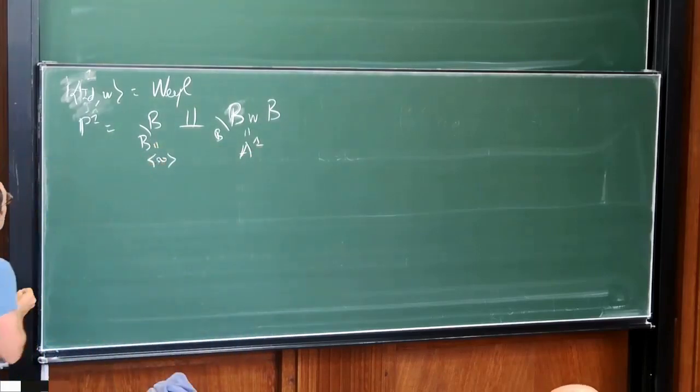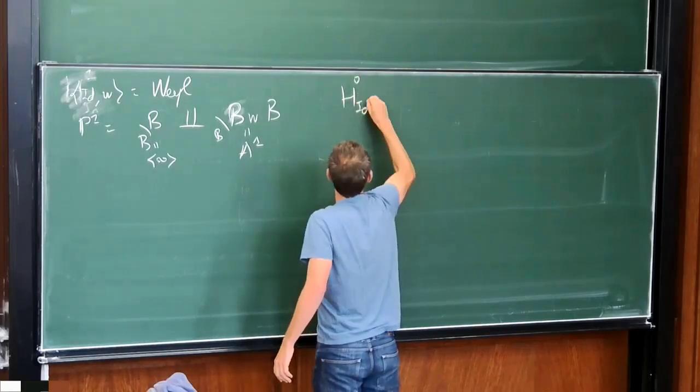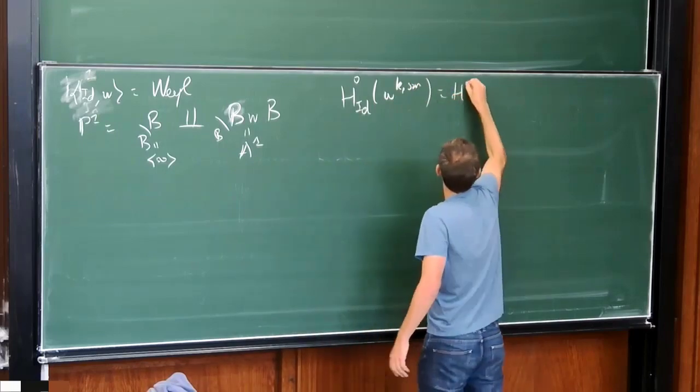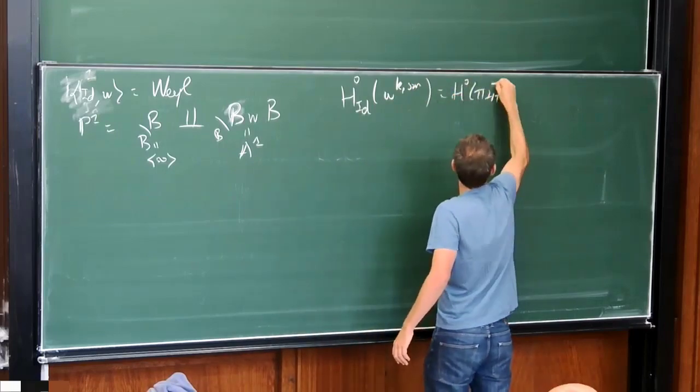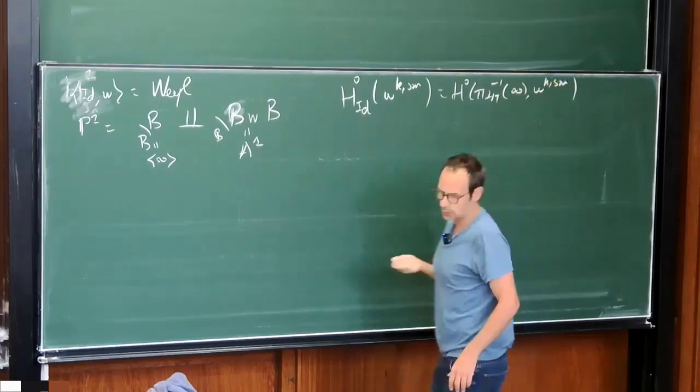Okay. And so H naught of E, omega k smooth, is H naught of P1 at infinity, omega k smooth. Okay.